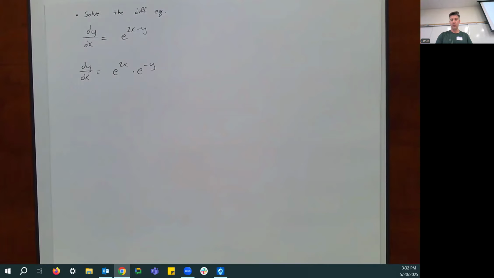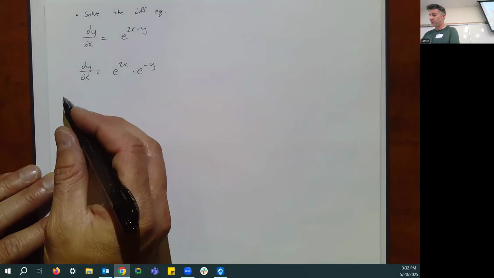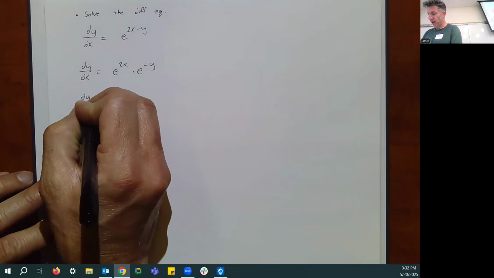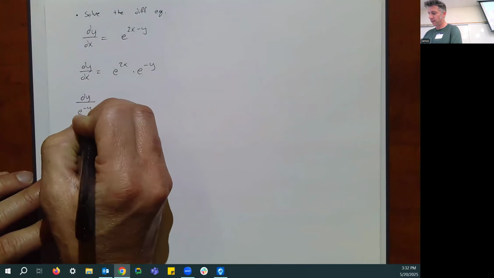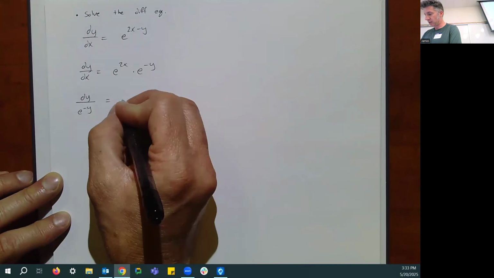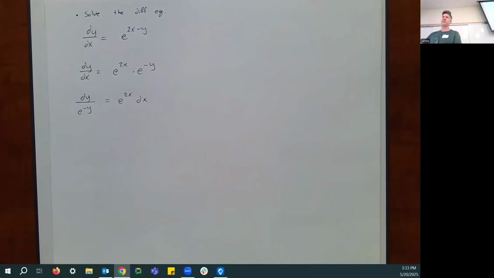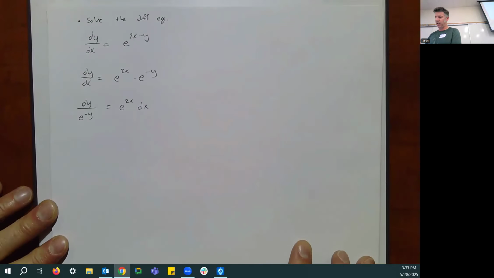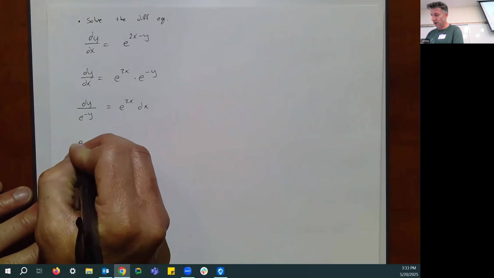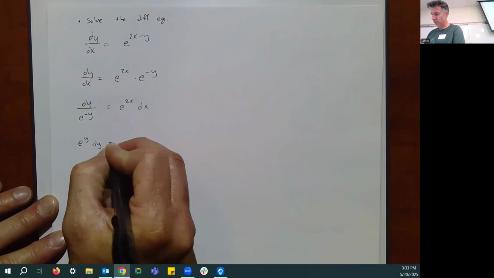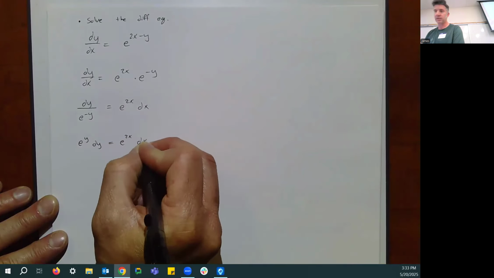And then I can separate things without too much issue. I can bring my y's to the left. So I'm going to have dy over e to the negative y equal to e to the 2x times dx. And before I integrate both sides, it really doesn't make sense to leave that e to the negative y in the denominator. I'd be much better served by writing it as e to the y times dy equal to e to the 2x times dx.